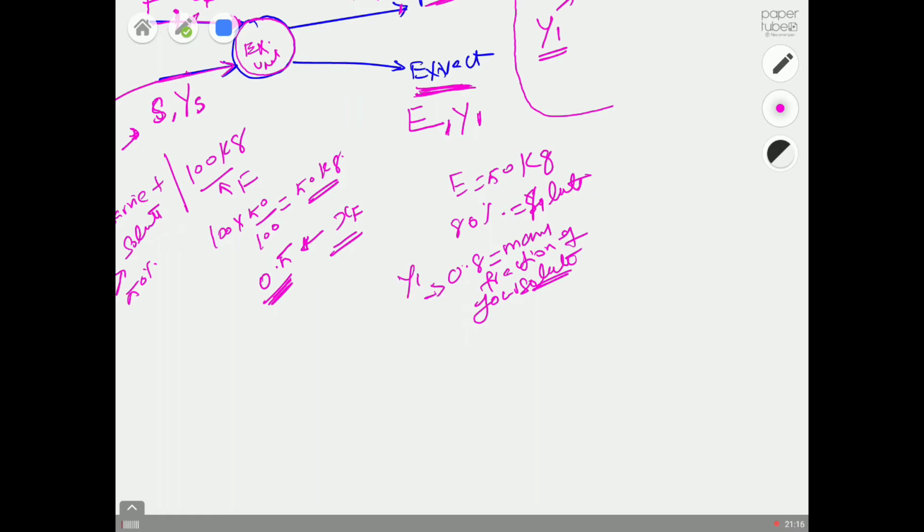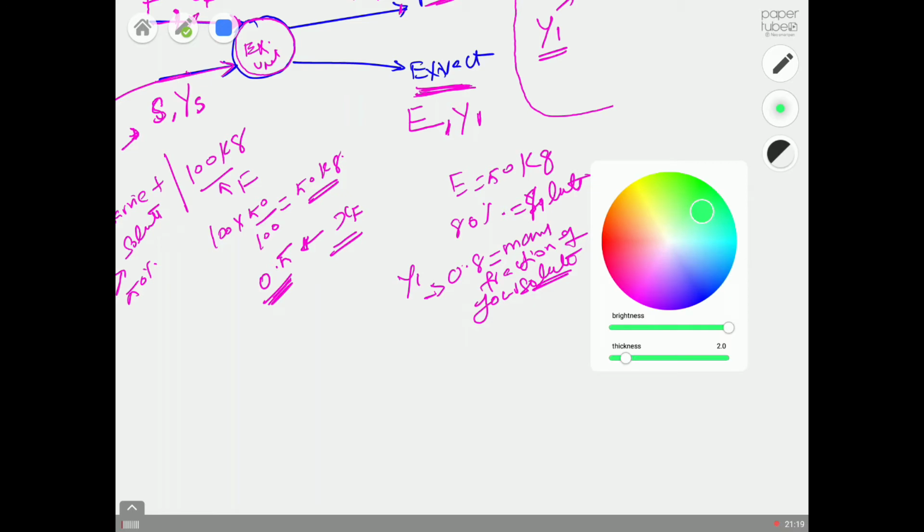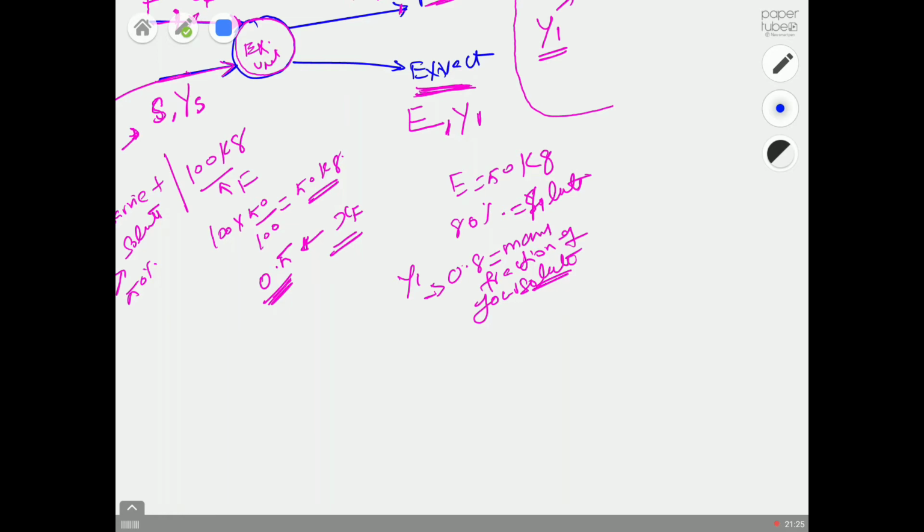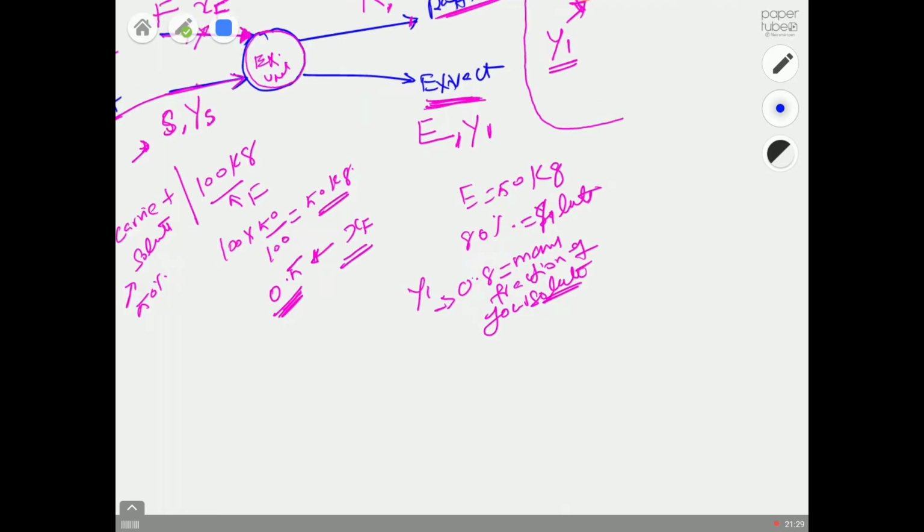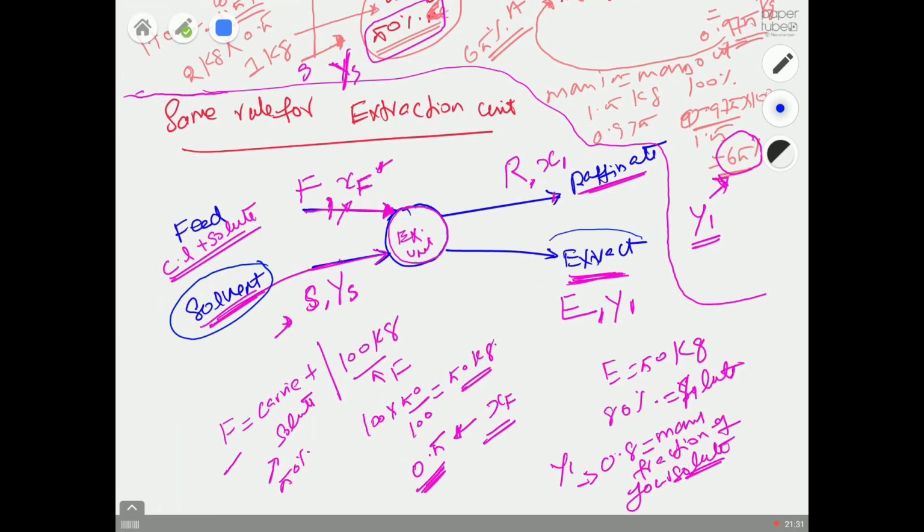And one thing, remember the notations that we are using now. For both solvent and extract, we are using the alphabet y. Y suffix s refers to the solute concentration in the solvent, and then y1 is the solute concentration in your extract side.